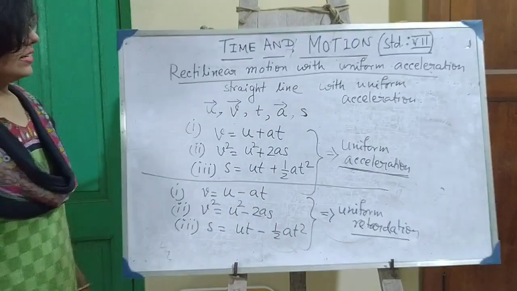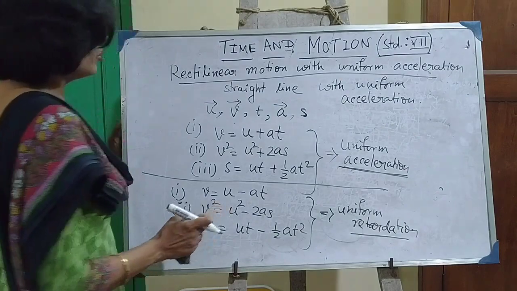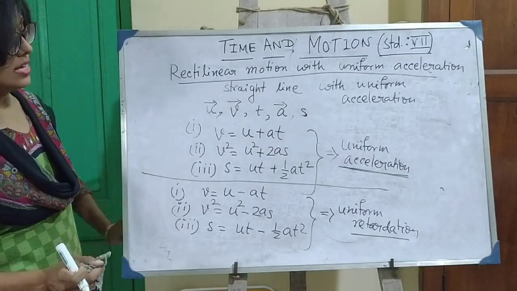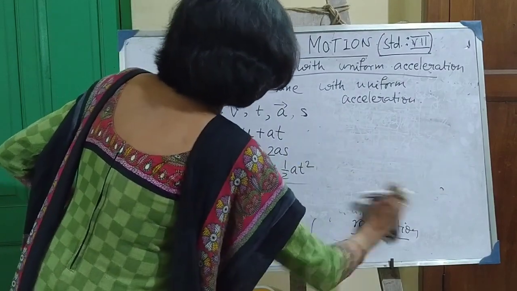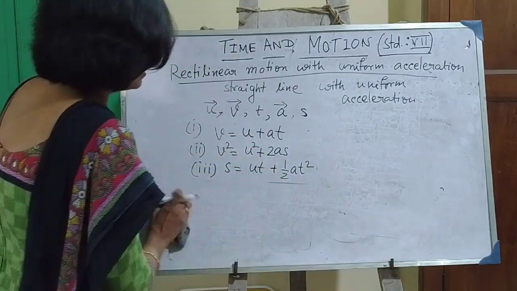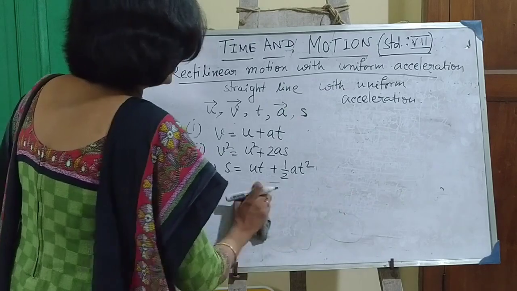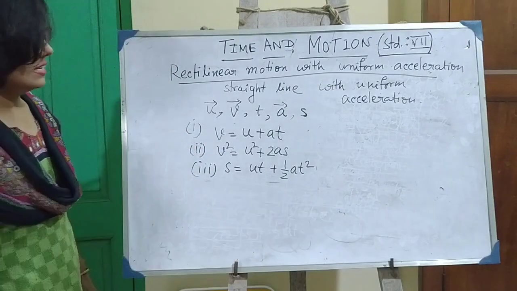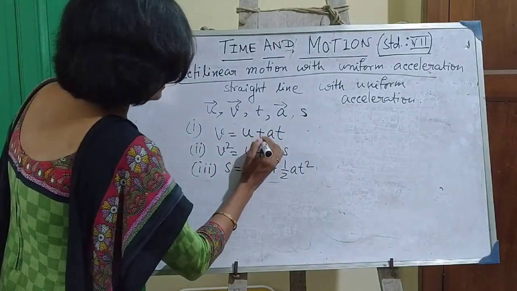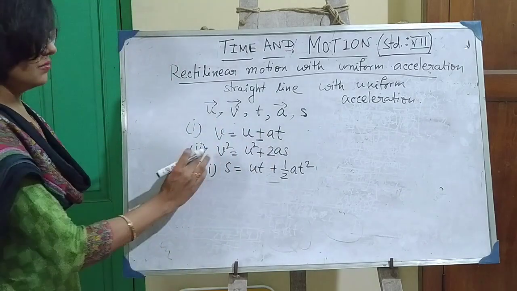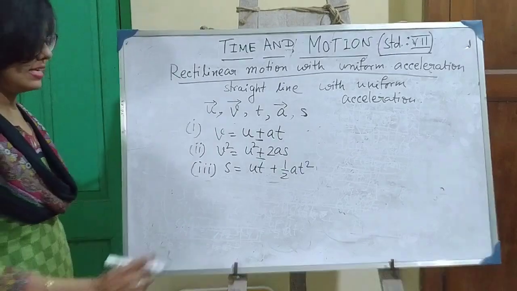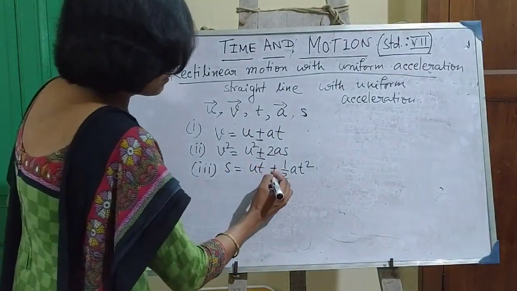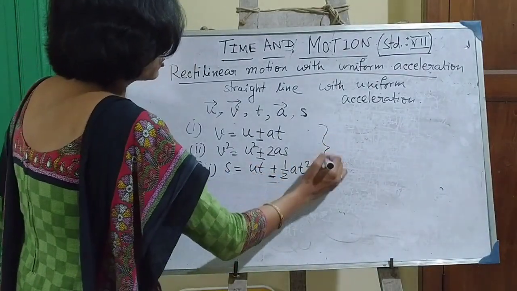So in general, we can write the equations of motion of the body, that is the relation between u, v, t, a and s, as v is equal to u plus minus at, v square is equal to u square plus minus 2as, s equals to ut plus minus half at square.